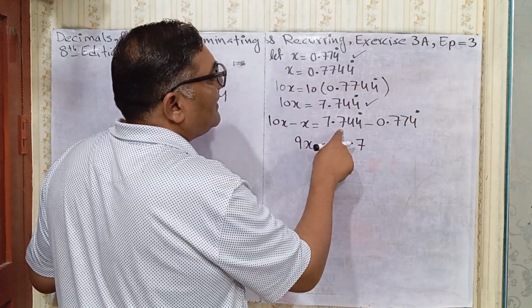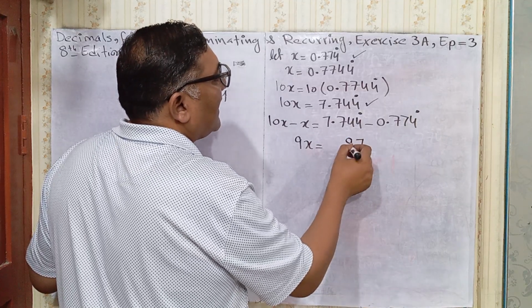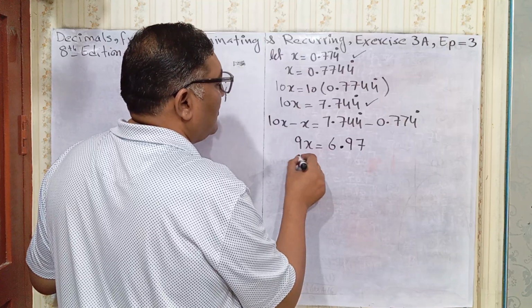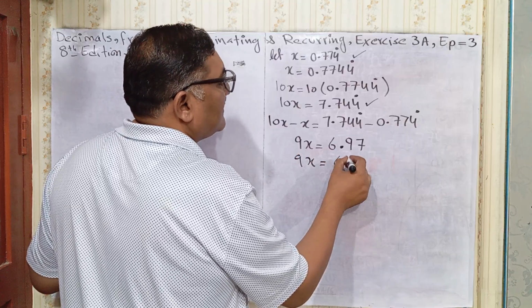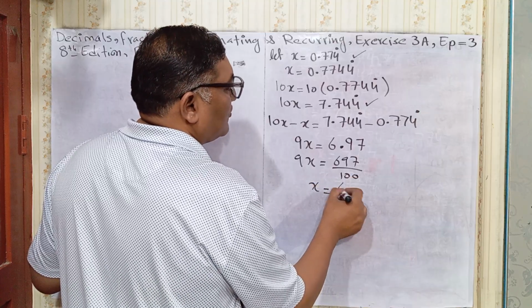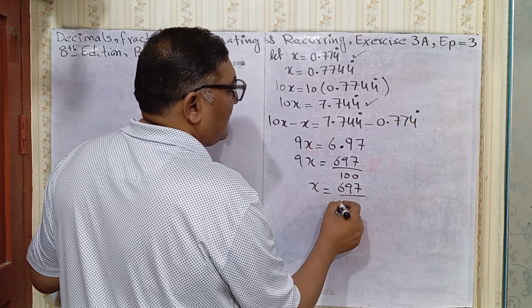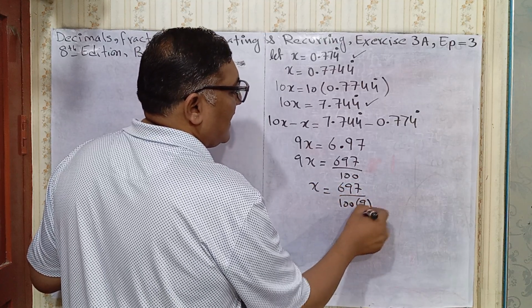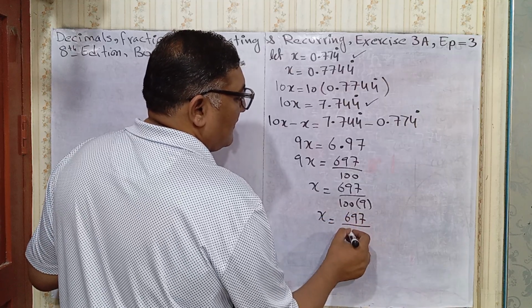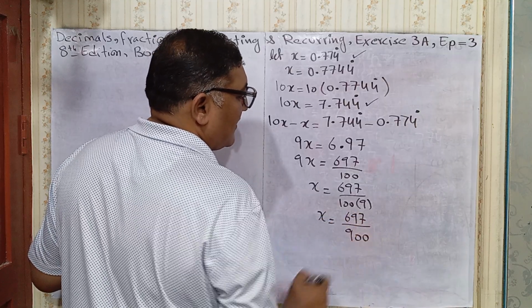And from 16 minus 7, you will have 9 and point and 6. So this will be equal to 697 divided by 100. So x will be equal to 697 divided by 100 into 9. So x will be equal to 697 divided by 900.